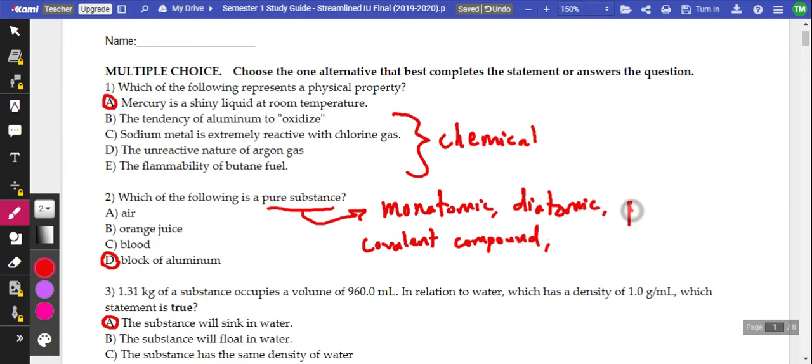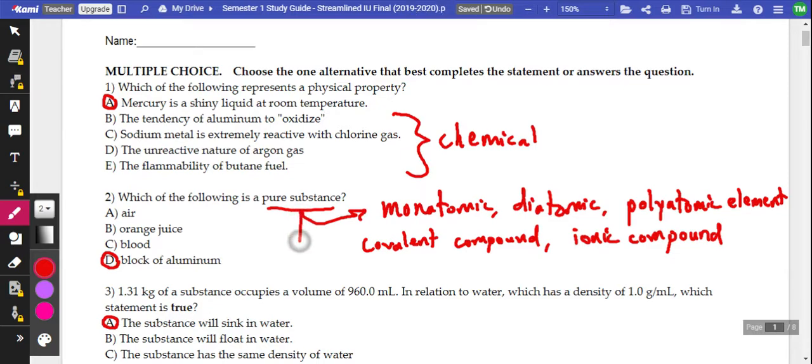Could be a polyatomic molecule or a polyatomic element. Could be an ionic compound. And so on and so on. But in any case, a pure substance must have a defined chemical formula.